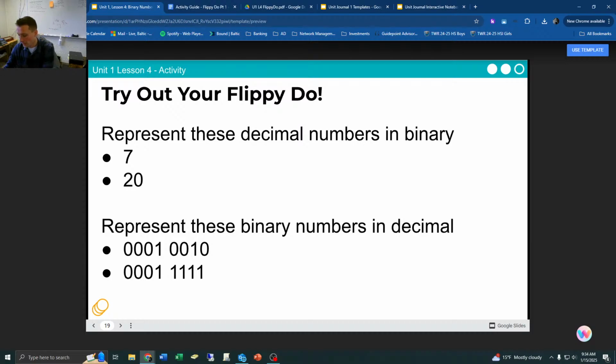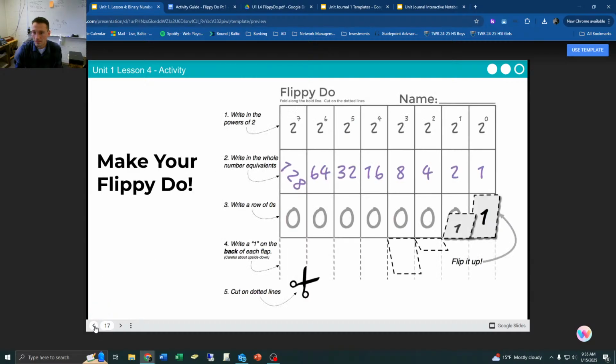Okay, so what we're going to do is we've got our 8 placeholders as zeros, okay? And working from the right to the left, we want to represent our binary digit. So the first one is 0. Let's go back to our Flippy-Do. We want to represent 7.